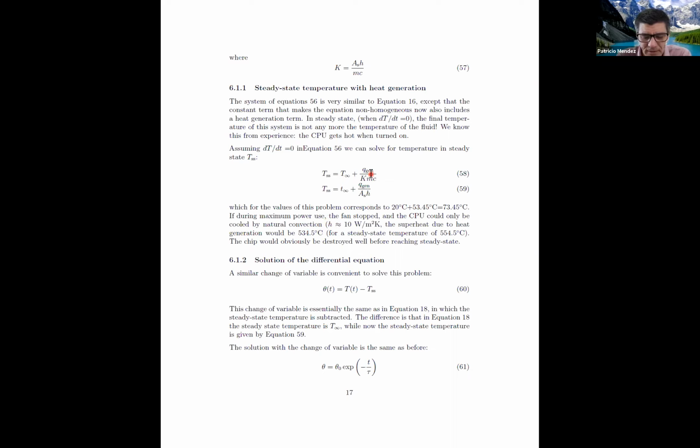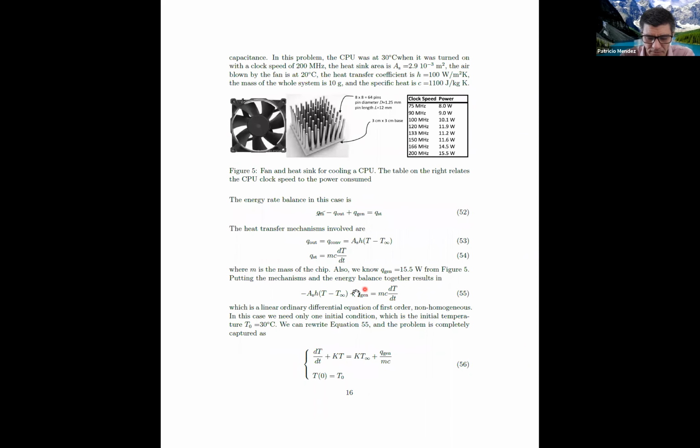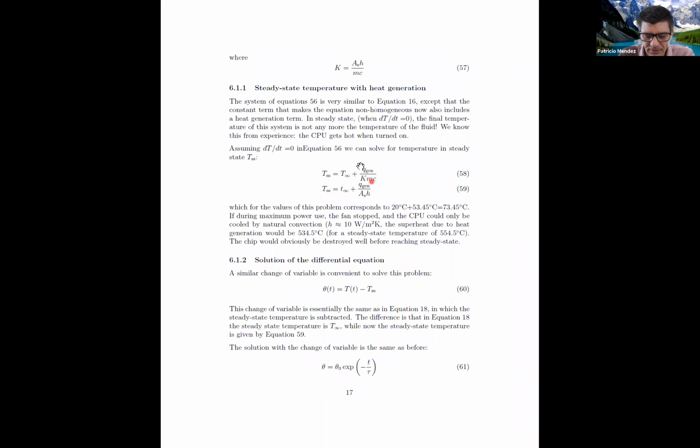But these are expressions that you should not memorize, you should not even attempt to memorize, but you should know they come from writing the energy balance. And in steady state, we take this term out and we solve this simple algebraic equation. When you get to see these final expressions, they can look intimidating, but it's a little bit like extreme sports.